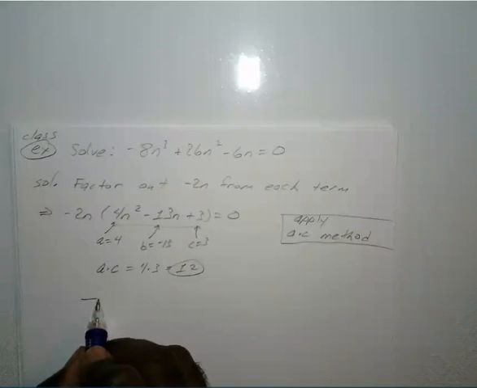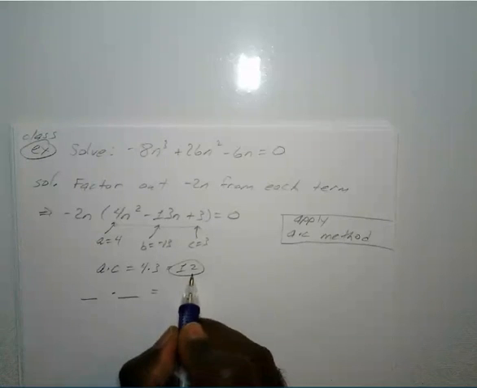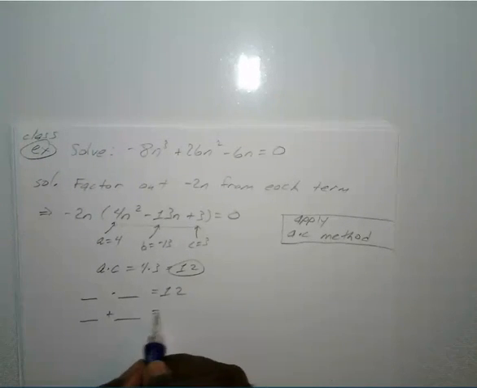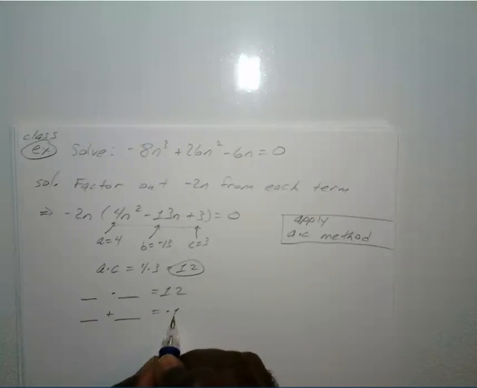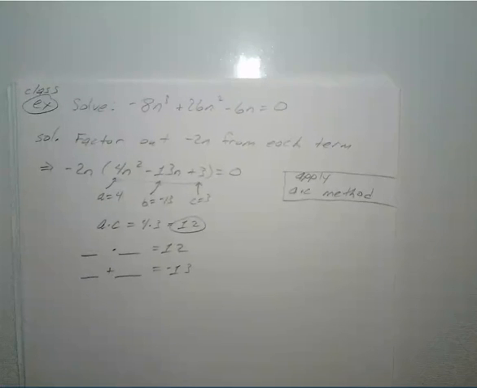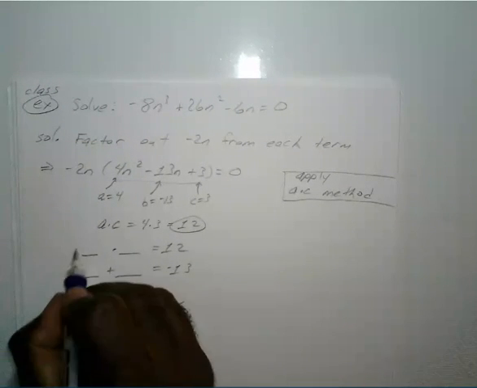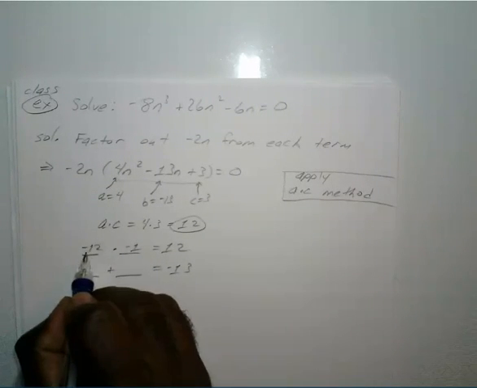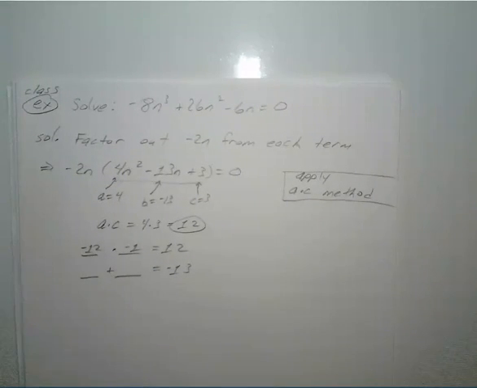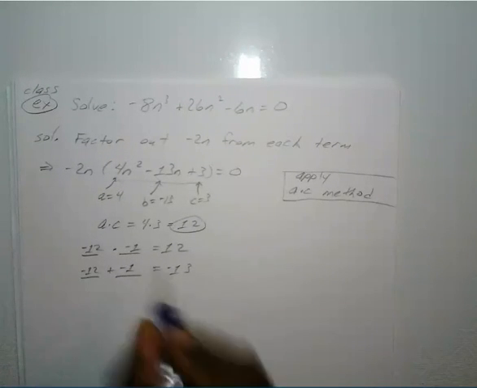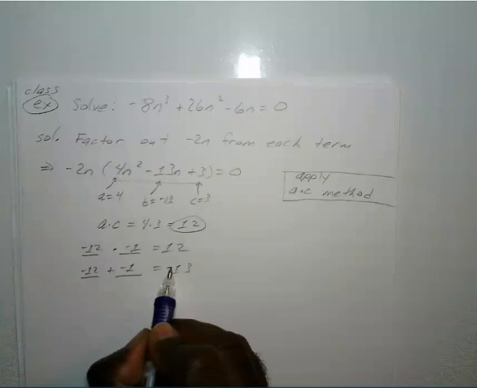So we have to find two numbers that multiply to equal our A times C, and those same two numbers add to equal our B, which is negative 13. In this case, negative 12 and negative 1 works. Because negative 12 times negative 1 is equal to positive 12. And negative 12 plus negative 1 equals negative 13.